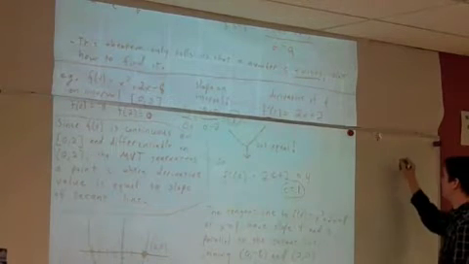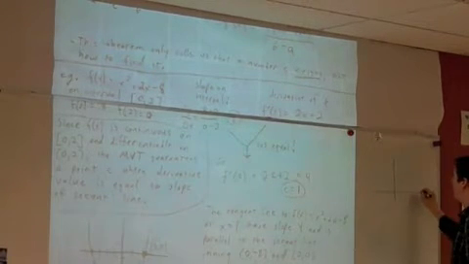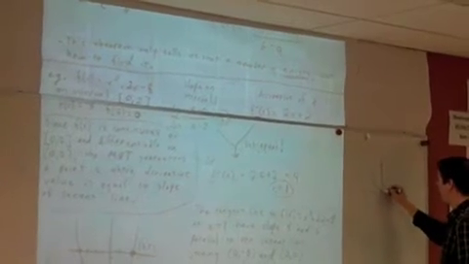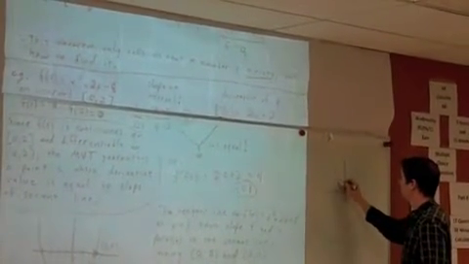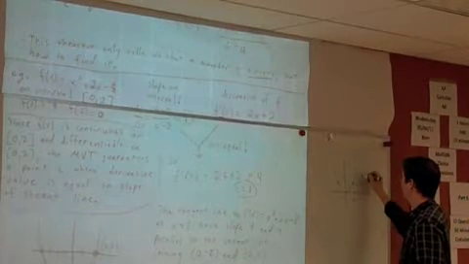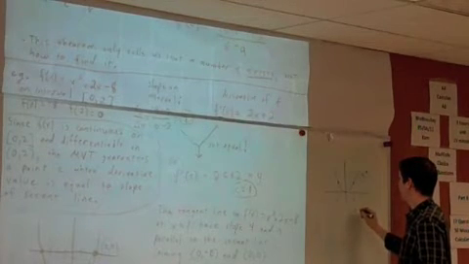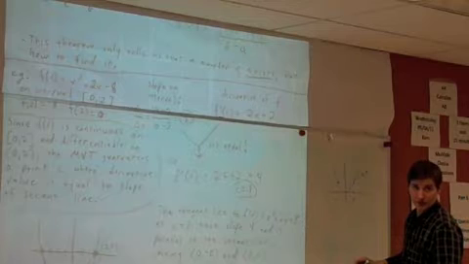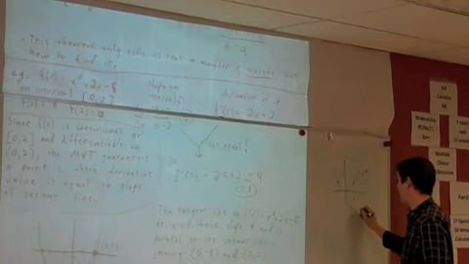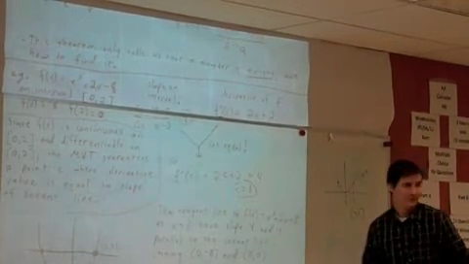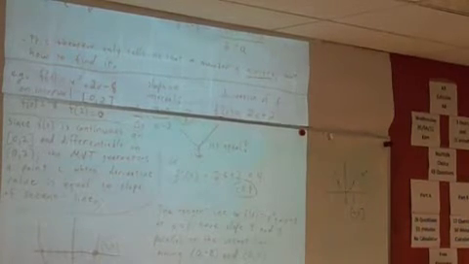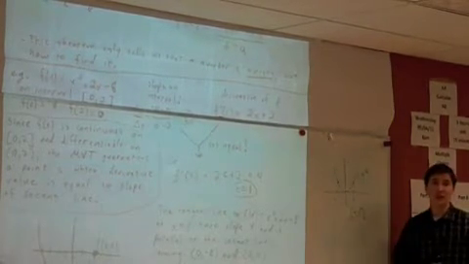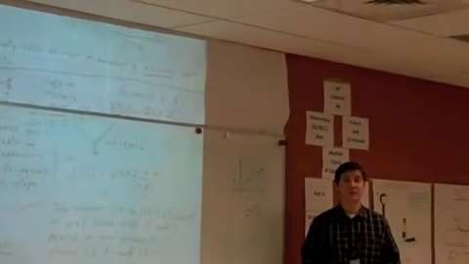So here's x squared. I want to know the average rate of change of the x squared function on the interval -1 to 1.